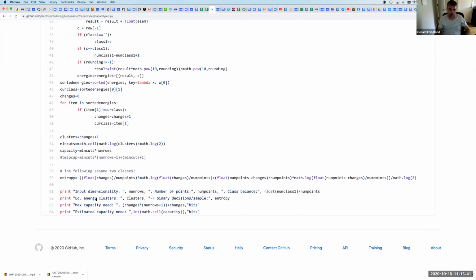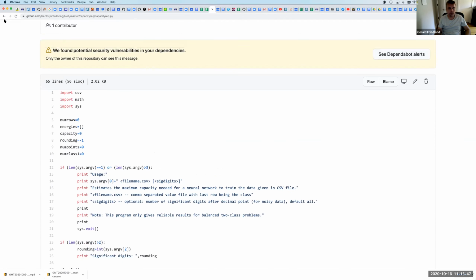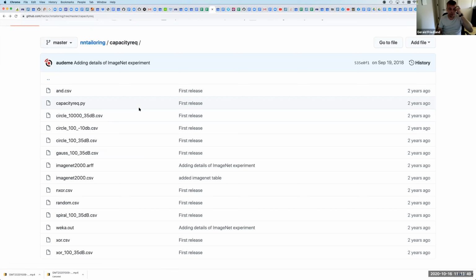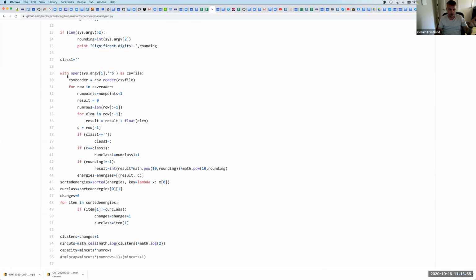It's going to give you the max and the estimated capacity. The program is very simple, and you can see the algorithm is just the pseudocode from lecture.